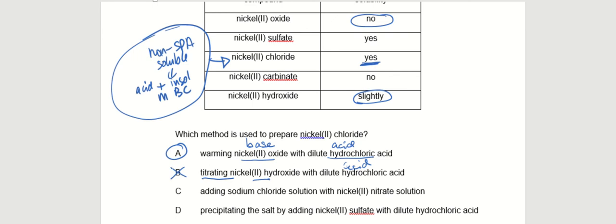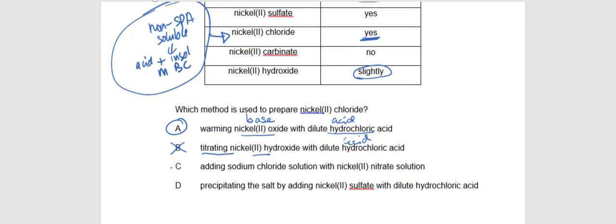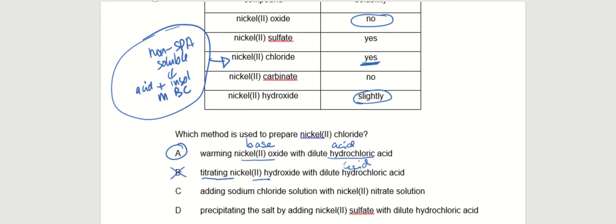C, adding sodium chloride to nickel 2 nitrate solution. We will get nickel chloride, but we will also get sodium nitrate, both soluble substances. We will not be able to separate our nickel chloride from sodium nitrate. So C is out.